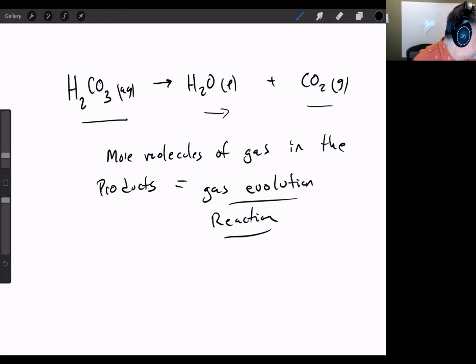We've talked about complete ionic equations and how we can write those down from complete molecular equations. We've talked about the different types of reactions, how to identify them, how to write them down, how to predict the states of different products, how to predict the states of different reactants using solubility rules.